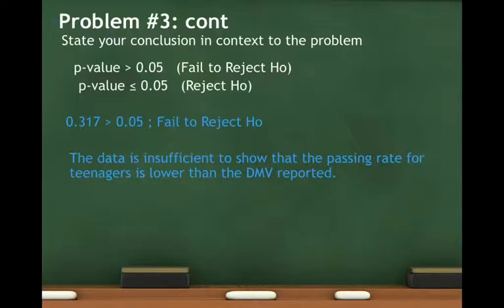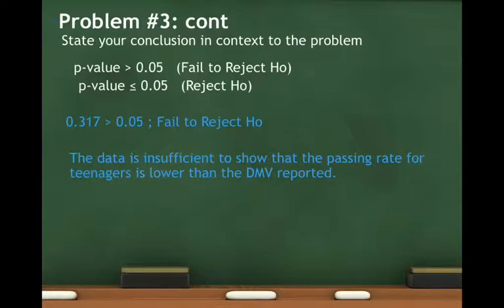We're not saying the DMV is right. We just don't have any evidence to go against their claim. Remember, we can go out and take another sample. We will probably get a different p-hat, and so we could get a different p-value and a different conclusion.